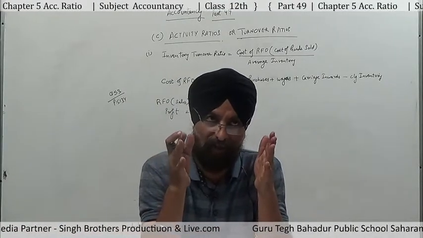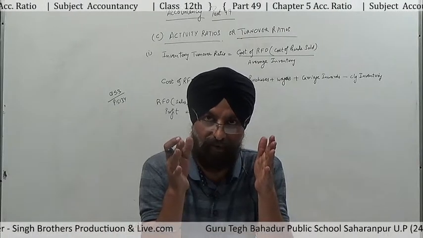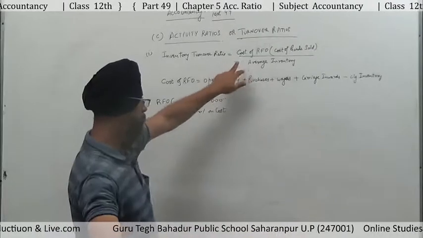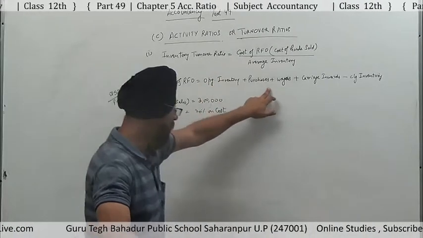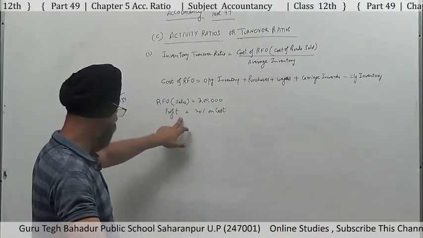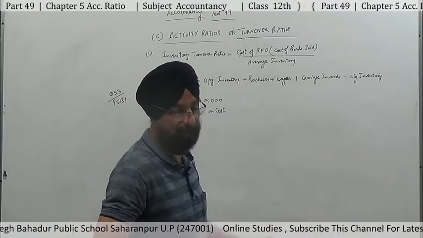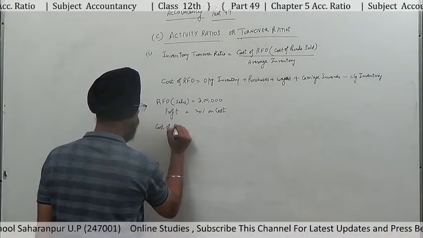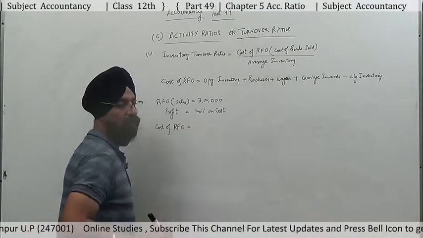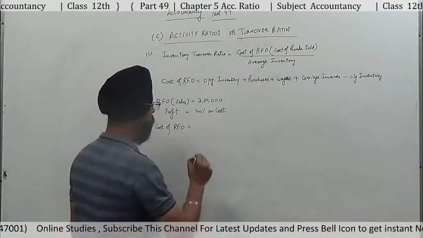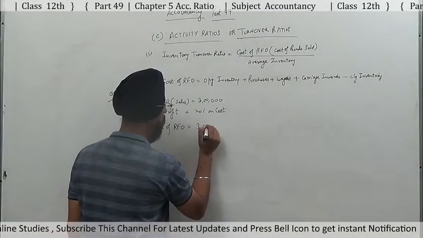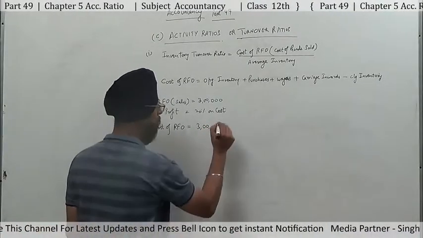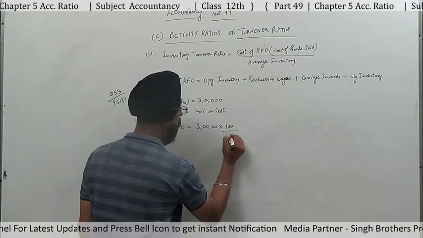If wages, carriage inwards, direct expenses and purchases are given, then we can find cost of revenue from operation by this formula. Otherwise, if sales and profit are given, then we can find it this way: cost of revenue from operation equals 3 lakh into 100 by 120.